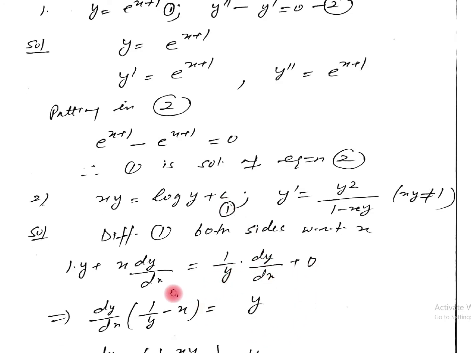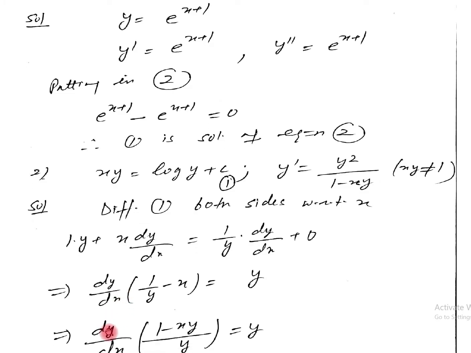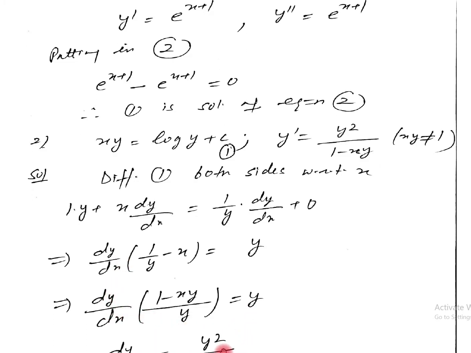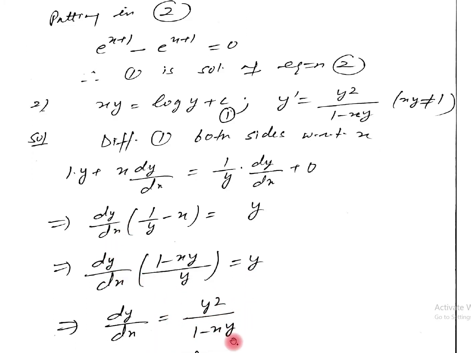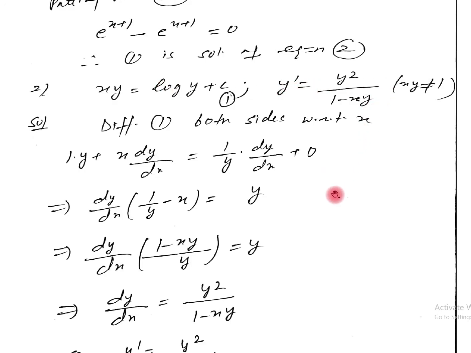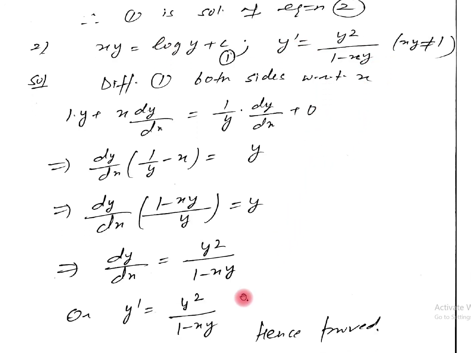Then collecting all the like terms, we are getting dy by dx equal to y square upon 1 minus xy, and that is what we have to prove. So from this we are getting the derivative that is given in the question, both are the same. So we can say this is the solution of this, or hence proved.